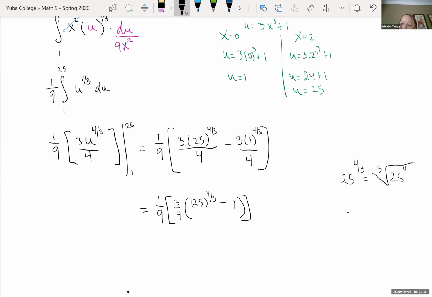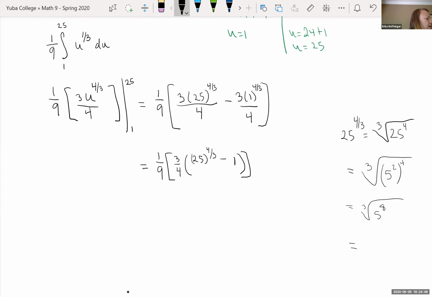So this is the cubed root of 5 squared to the 4th. Power to power is multiplying. So we have the cubed root of 5 to the 8th. I'm just seeing how many 5s I can pull out. Probably should have just looked at the answer to see if they left it in that form. Okay, they left it in that form.